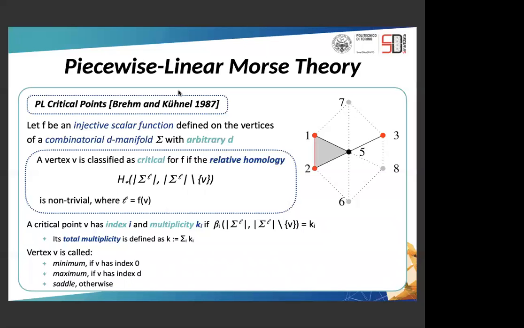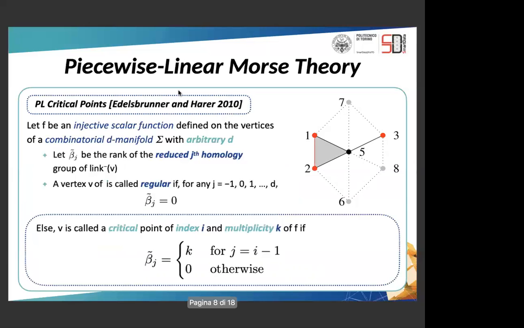And again, according to this classification, 5 is classified as a saddle point for our function. One last definition has been given by Brunner and Arer, and again, this is a definition for an arbitrary dimension combinatorial manifold, and it characterizes the criticality of a vertex in terms of the reduced homology of the lower link of the vertex itself.